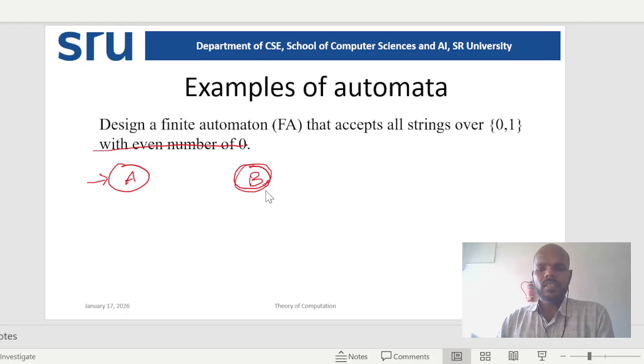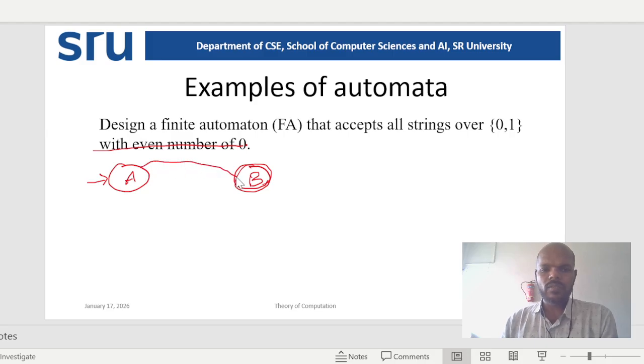It is not compulsory that you have to take state A or state B; you can take any number of states and any number of transitions. It is also not necessary that there is only one starting state and one final state. There is no such condition. The thing is that our automata should be correct, that is our aim. So what is our objective? Our objective is strings ending with 0.